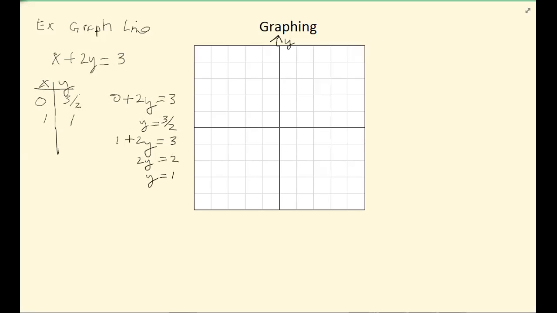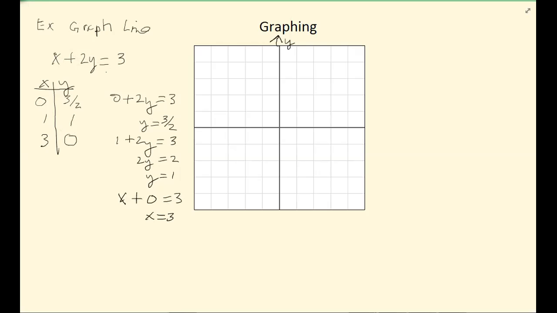Since I have x and y in the equation, I can also pick a y value. So I'll pick y equals 0. That gives me this from the equation, which means x is 3. So you can pick x's or y's if you have an x and a y in your equation. Now, a line is determined by 2 points.